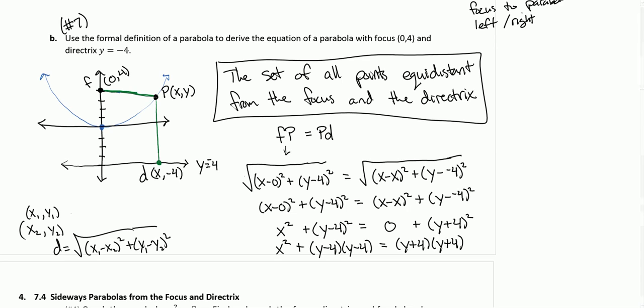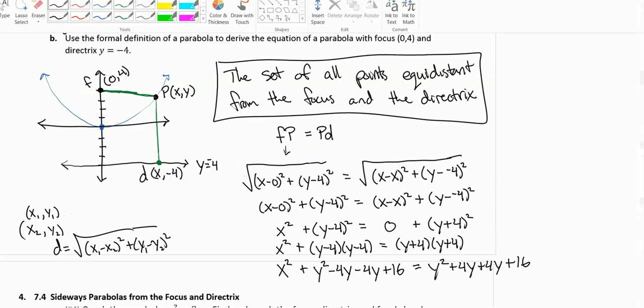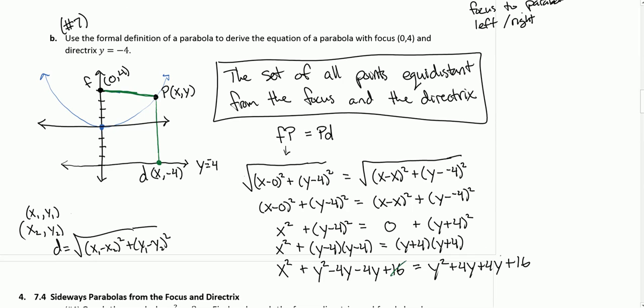Y minus 4 times y minus 4 is going to give us, so we got x squared plus y squared minus 4y minus 4y plus 16 is equal to y squared plus 4y plus 4y plus 16. So a few things we can cancel out here. We could subtract 16 from both sides.